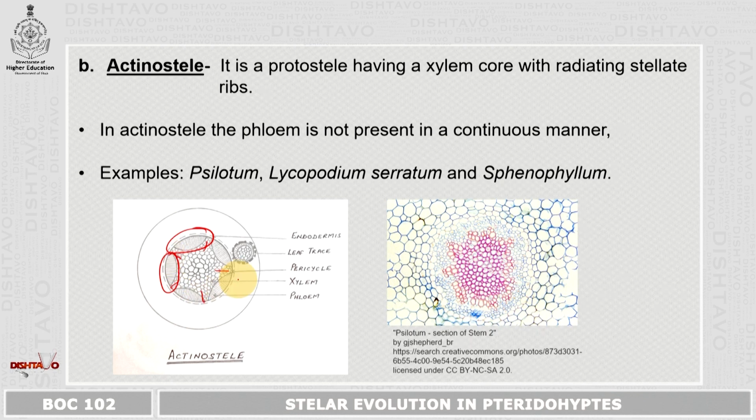There is a break because of the presence of xylem. And again, the pith region is missing. Examples are Psilotum, Lycopodium, and so on. Here is a microscopical image wherein the pink and red component marks the xylem, whereas the blue portion is the phloem, and this one is the xylem.